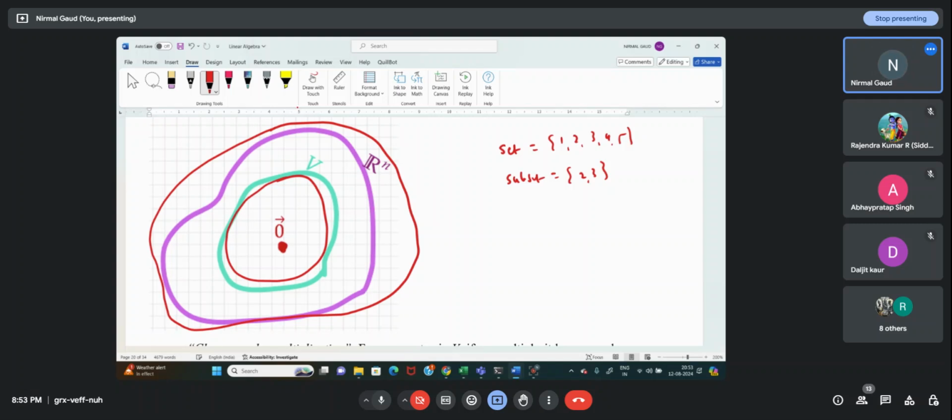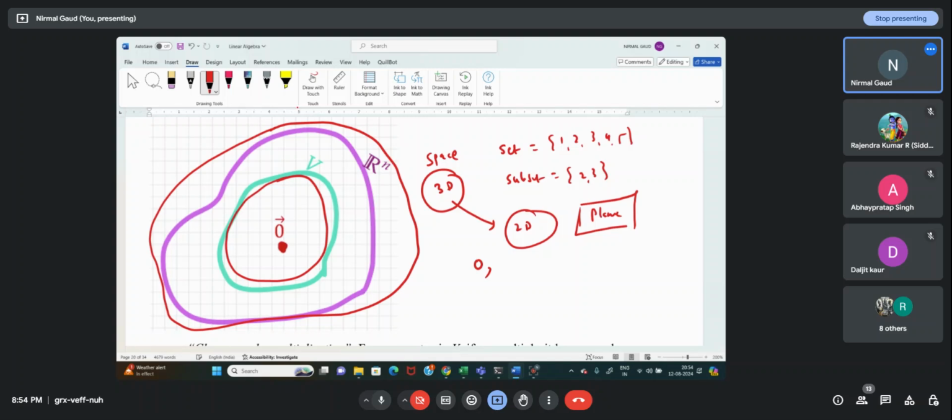Same thing: we have a space. Let us suppose we have a 3D space. If I can draw a 2D plane in 3D, then it is a subspace. That's what it is saying. It includes the zero vector.